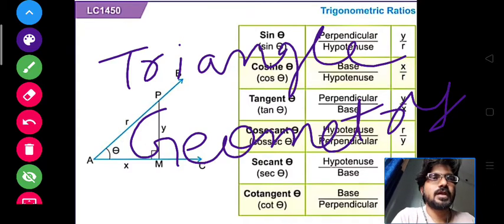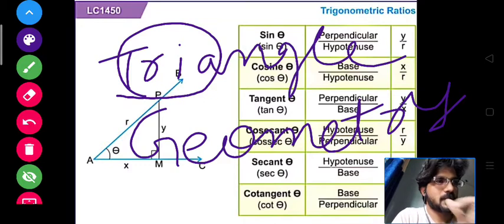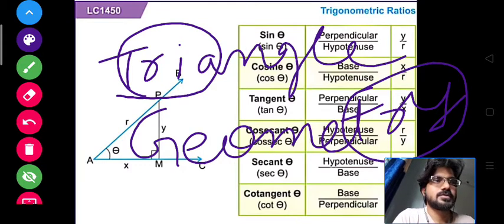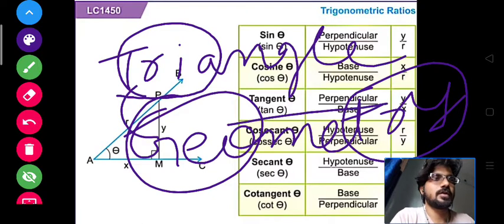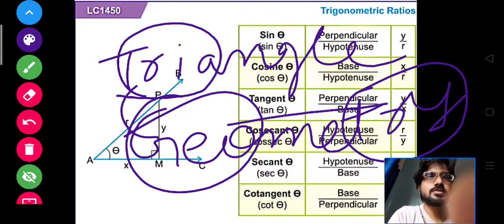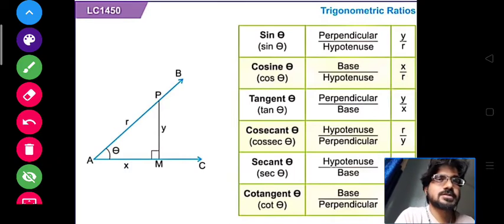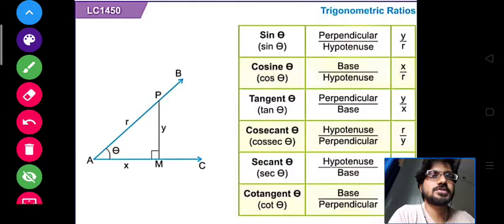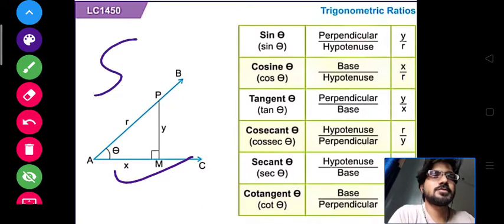So from triangle and geometry we have trigonometry. Basically it was taken from ancient Indian scripture of Buddhist literature, from where we have the concept of the right triangle. The concept of the right triangle was derived from the Buddhist literature part called Sulva Sutra.